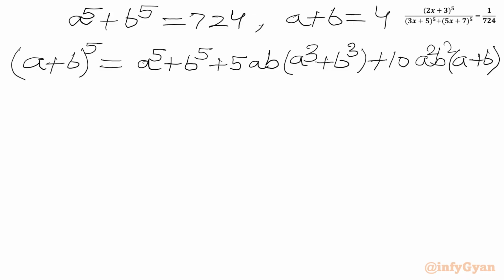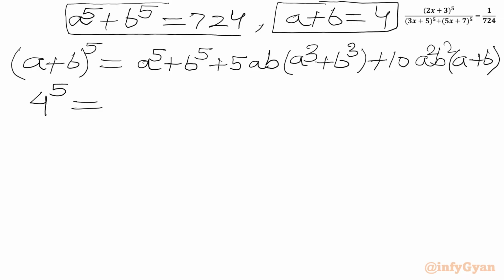Now here A plus B is known to us. So LHS we will be writing 4 power 5 equal to A power 5 plus B power 5 is also known to us, 724. So here I can write 724 plus 5AB. Now A cube plus B cube is not known. So we can write using algebraic identities A cube plus B cube in terms of A plus B, which is known equation to us.